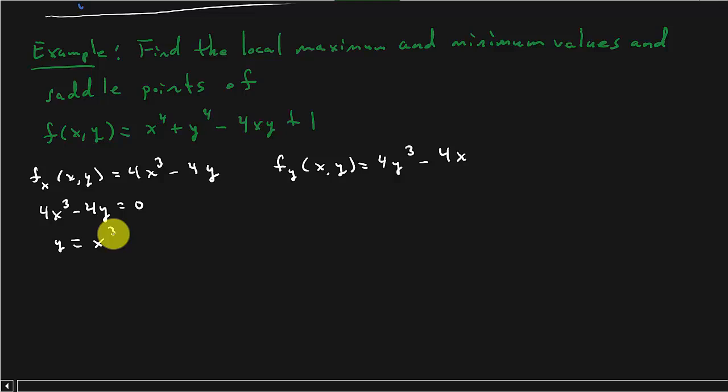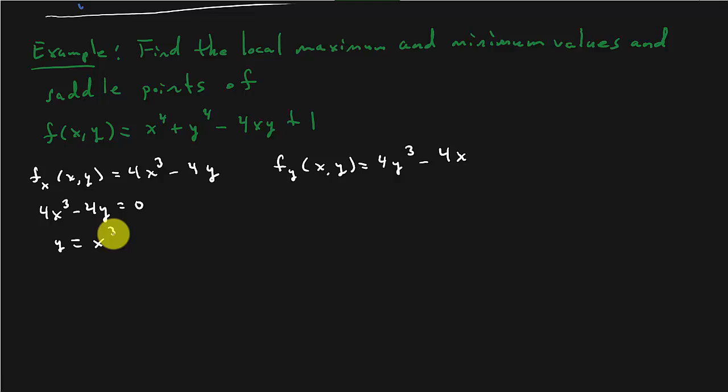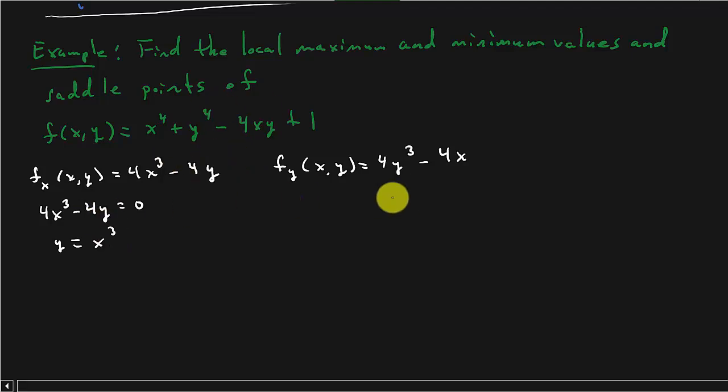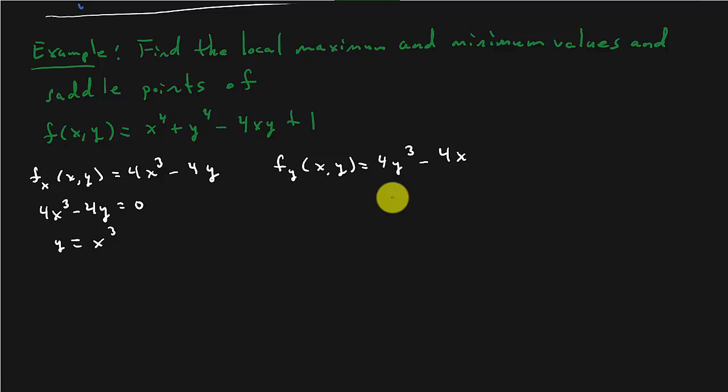Okay, so one thing that you've got to understand about these problems is sometimes the most difficult part is just setting those first partials equal to 0 and solving them. That can be the most difficult part.